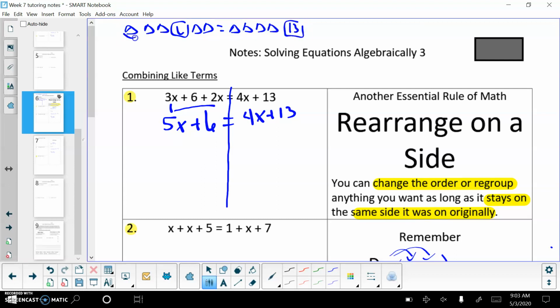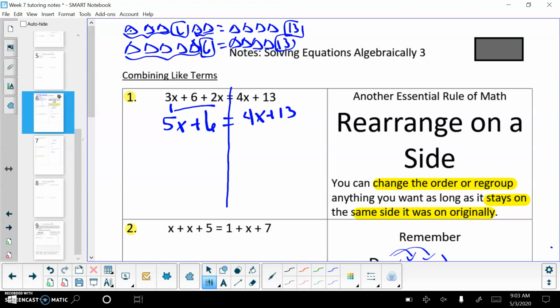But we said, hey, these triangles, we can put them all together. So there's 1, 2, 3, 4, 5 of them. I can draw them all together, and then put the 6 cube. And then I can just have my 4 triangles and my 13 cube on the other side. So now I've got all 5 triangles together, which is the same thing as 5x.